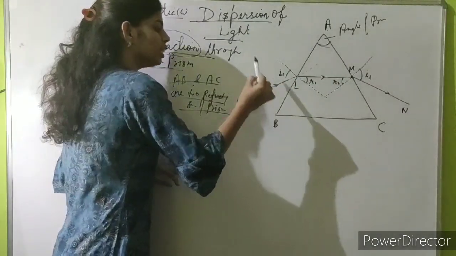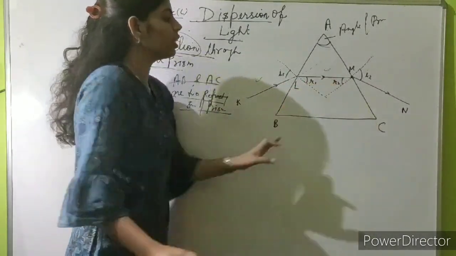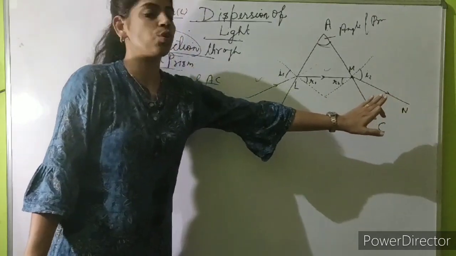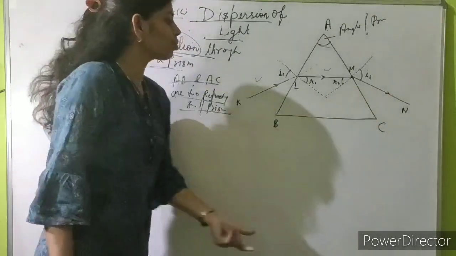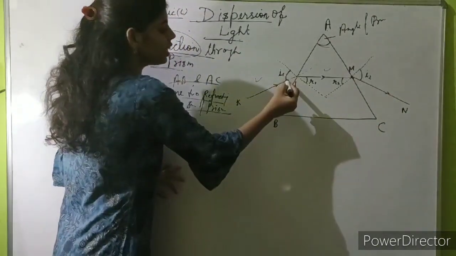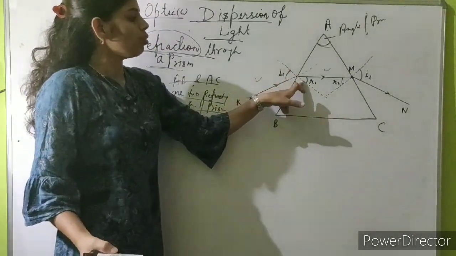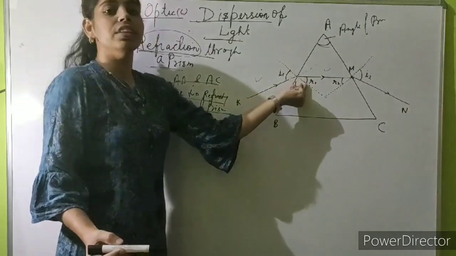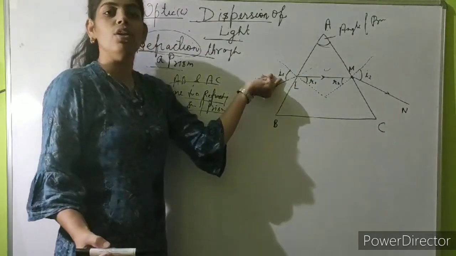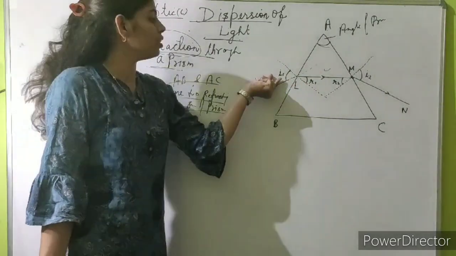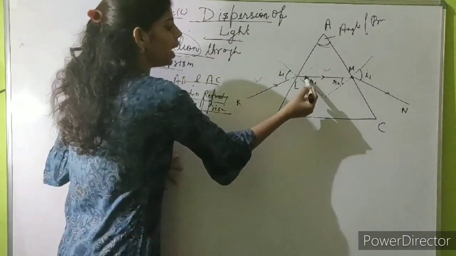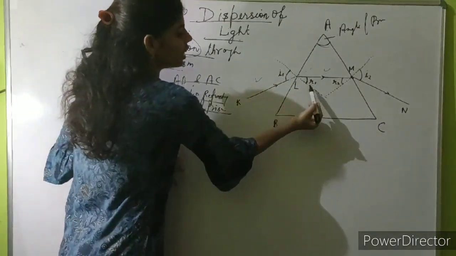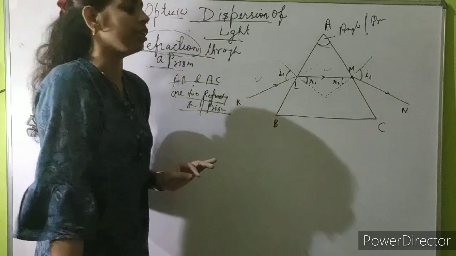This is the incident ray, this is the refracted ray, and this ray is known as the emergent ray. The angle the incident ray makes with the normal is known as the angle of incidence, I1. The angle between the refracted ray and the normal is angle R1.